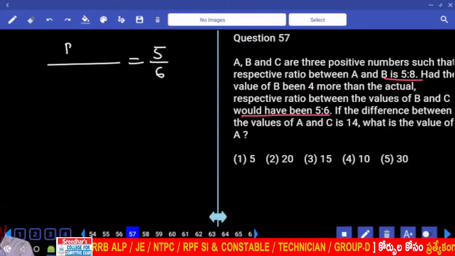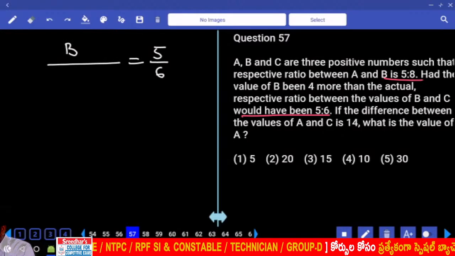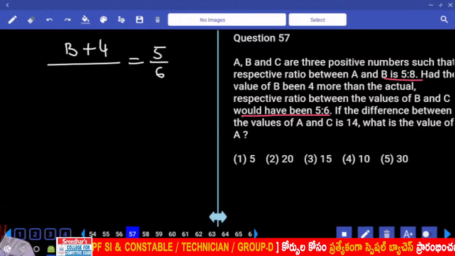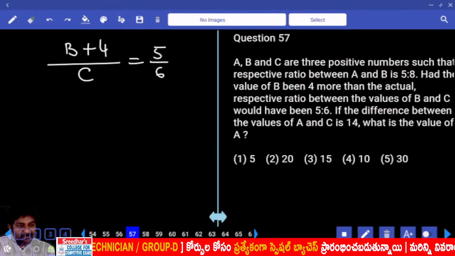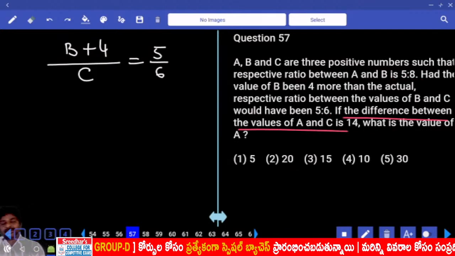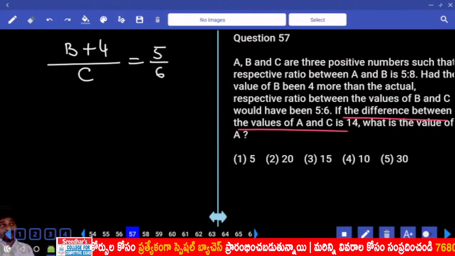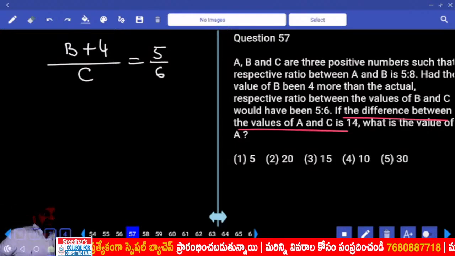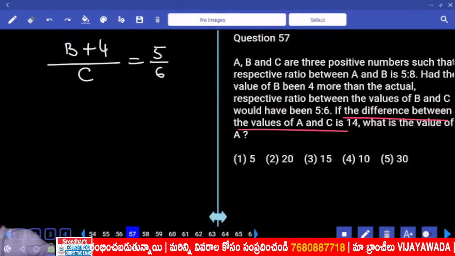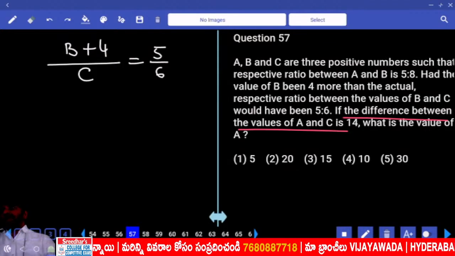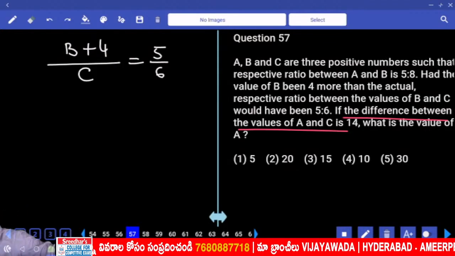Is it original value of B or after adding 4? After adding 4. And what is denominator? C. And at the same time, it is said the difference between the values of A and C is equal to 14. If it is difference, it may be A minus C or C minus A. Which is more between A and C? Do we know that? Wait a minute.